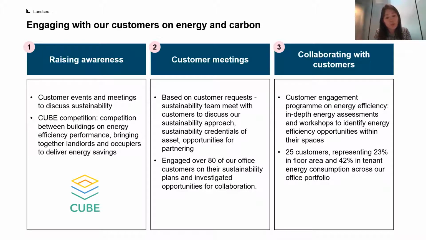We also present what we are doing in one particular building, and we try to identify areas for collaboration. We have already engaged last year with 8 of our office customers on their sustainability plans, and we have started finding opportunities for collaboration, not only around energy and carbon, but also around social programs and so on.